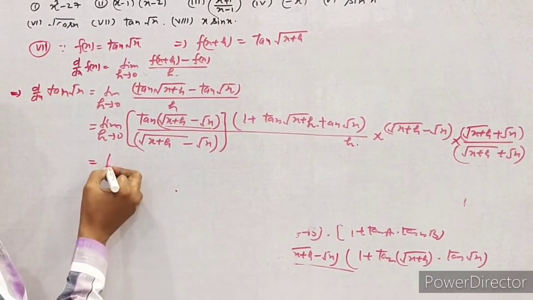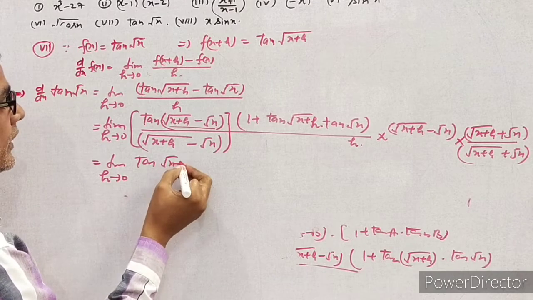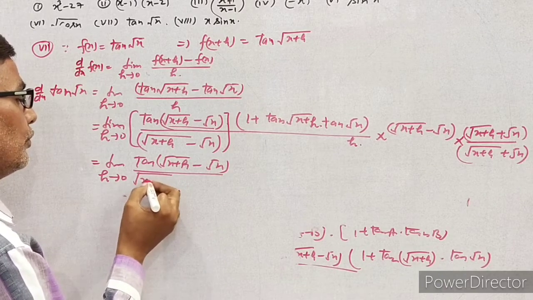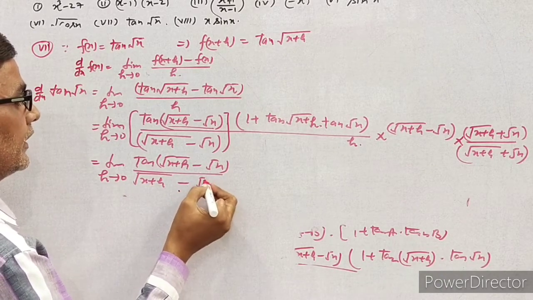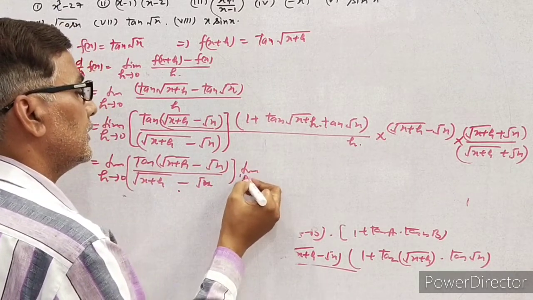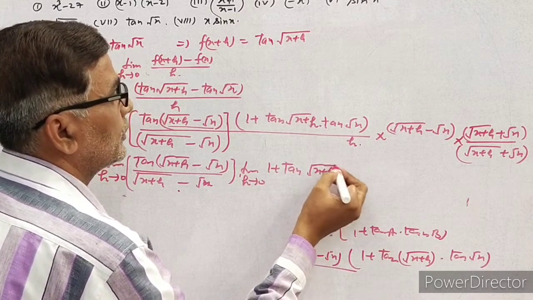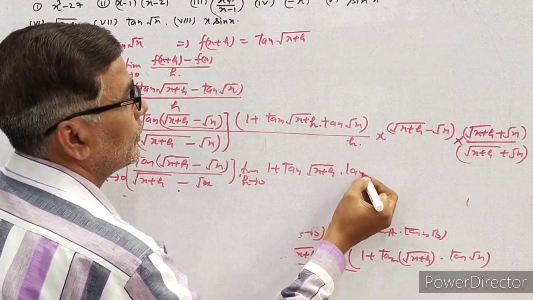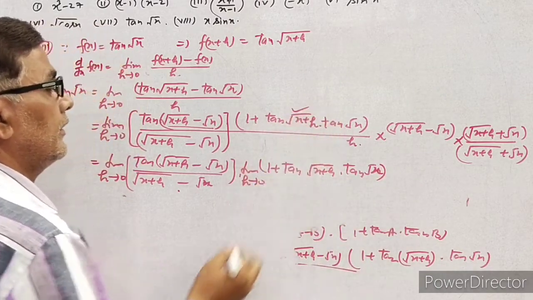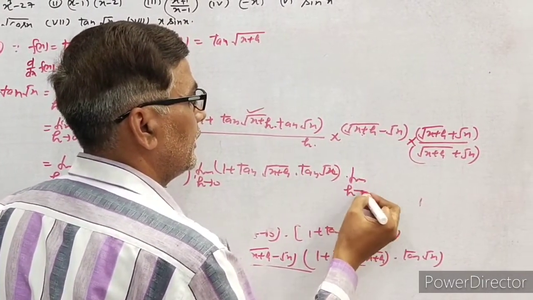Now we can write the limits for each term separately. We can write the limit of tan(root of (x plus h) minus root x) upon (root of (x plus h) minus root x) as the first term, into the limit as h approaches 0 of 1 plus tan square root of (x plus h) into tan root x, this is the second term, and the third term. Now multiply these two terms, limit h approaches 0.